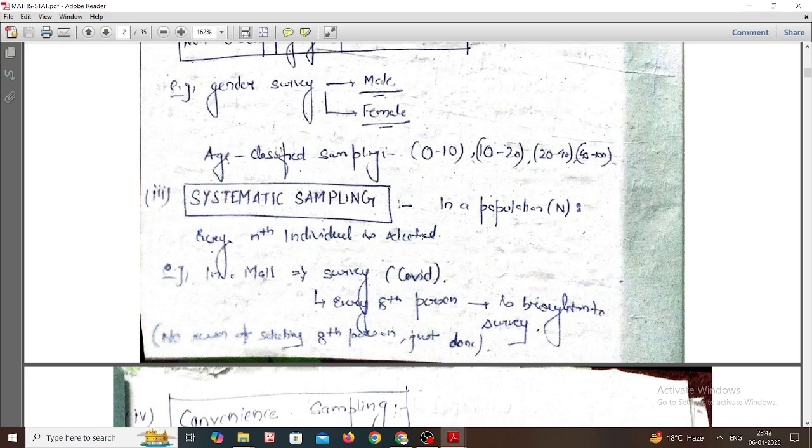If I say 1, 2, 3, 4, 5, 6, 7, 8, 9, 10 are the roll numbers of those 10 students, who are the entire population of the class, then out of the entire population of 10 students we are picking only 5 in this case, and these are all even-numbered roll number students. So this is systematic sampling.